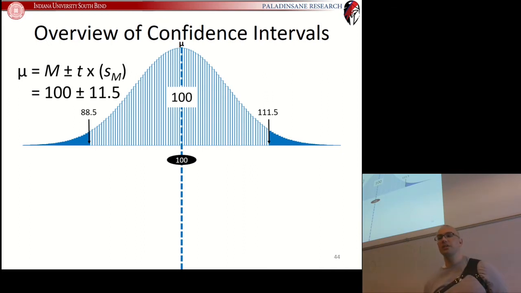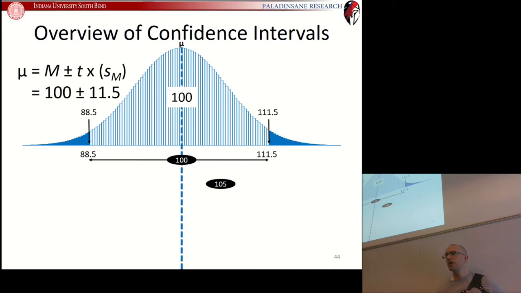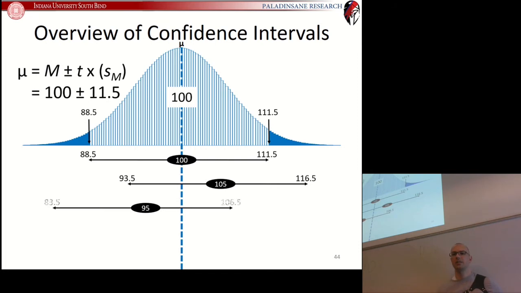So here we have a sample that had a mean of 100. Interval goes from 88 to 111.5. That's a successful estimate. If the sample mean was 105, you add 11.5 to that, you subtract 11.5, you go from 93.5 to 116.5, still contains the population mean of 100. A sample mean of 95 still contains the population mean of 100.